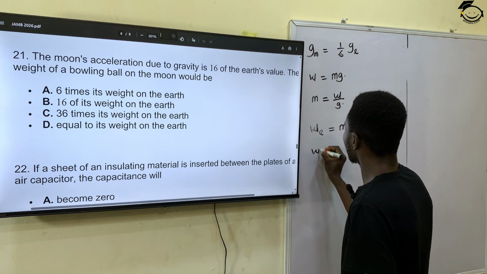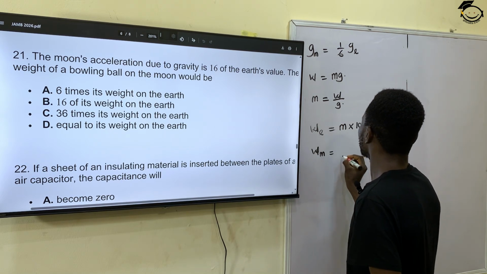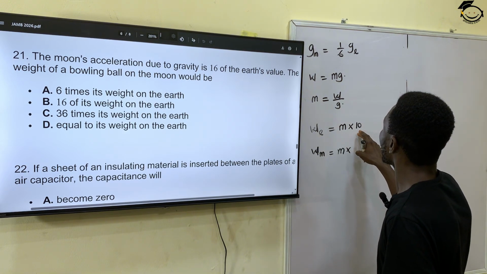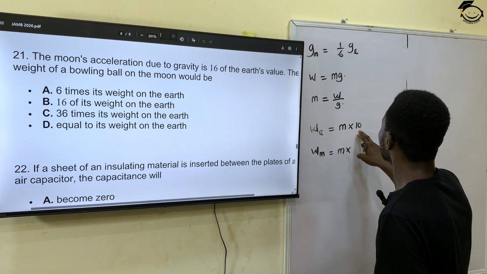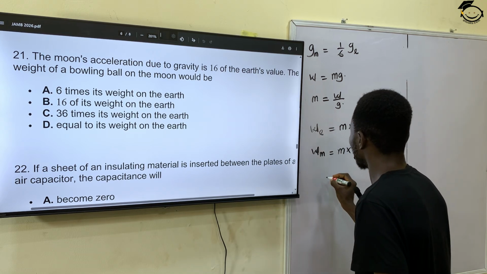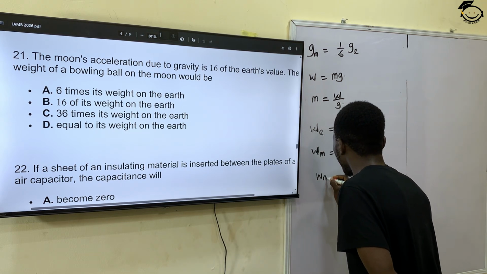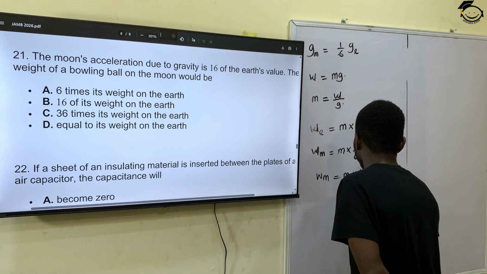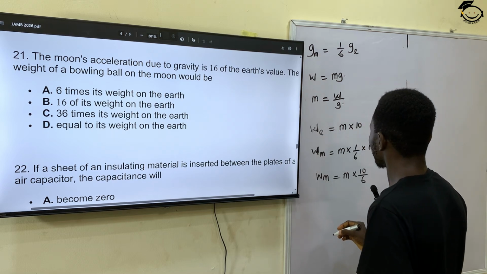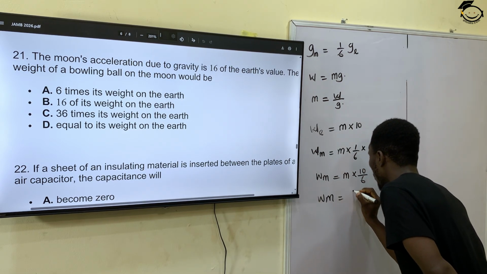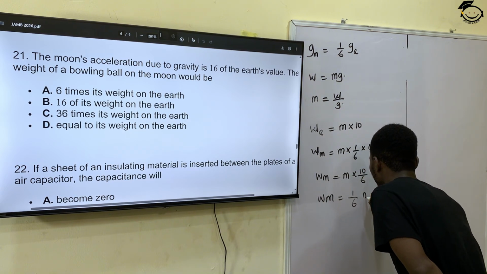Then the weight on the moon is going to give me the mass times the acceleration due to gravity of the moon, which is 1/6 times 10, which is the same as saying that the weight on the moon is going to give me the mass times 10/6. So that is to say that the weight on the moon is equal to 1/6 the weight on Earth.